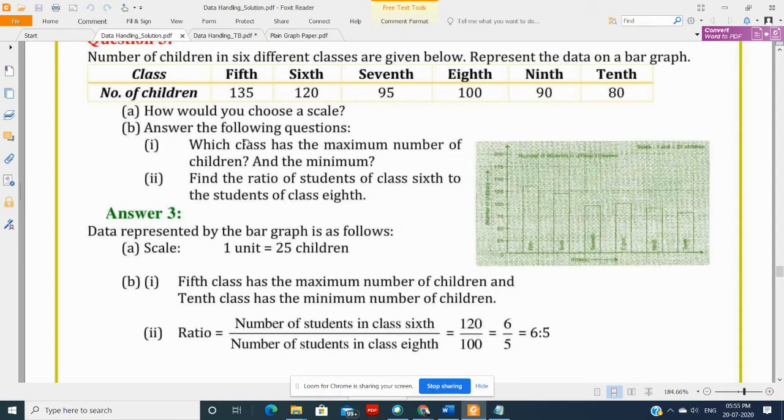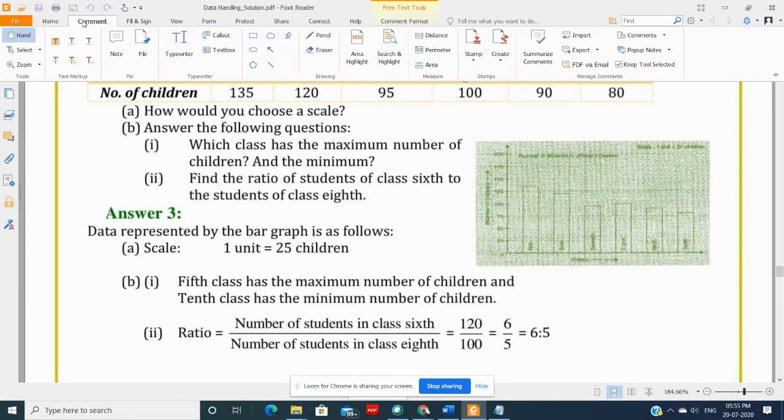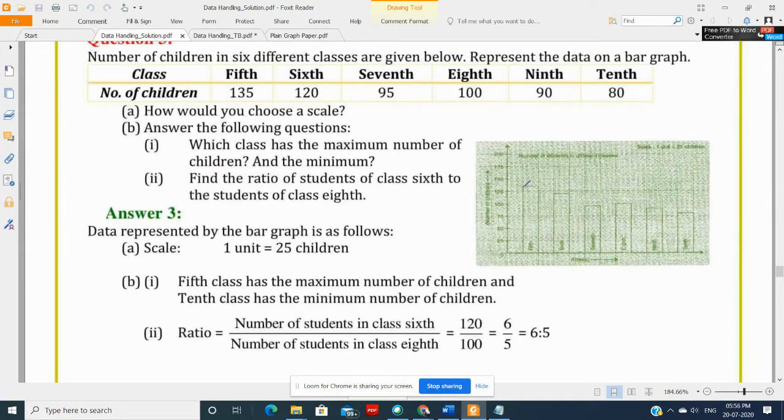Then second question is, answer the following questions. Which class has the maximum number of students? So 5th class has the maximum number of students. Looking at the graph itself, we can say that, see here, I'll just highlight it for you. See, this is your 5th class. So I'll just highlight it for you here. All right. So you can say that all the rest of the classes have bars with height less than this.